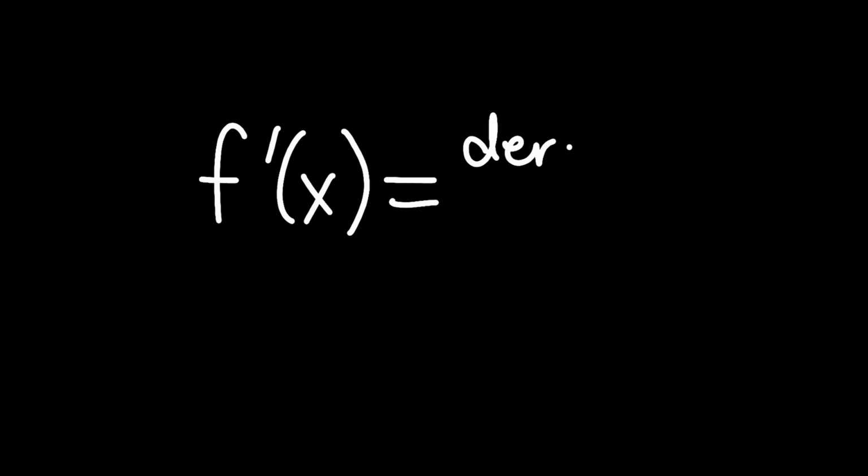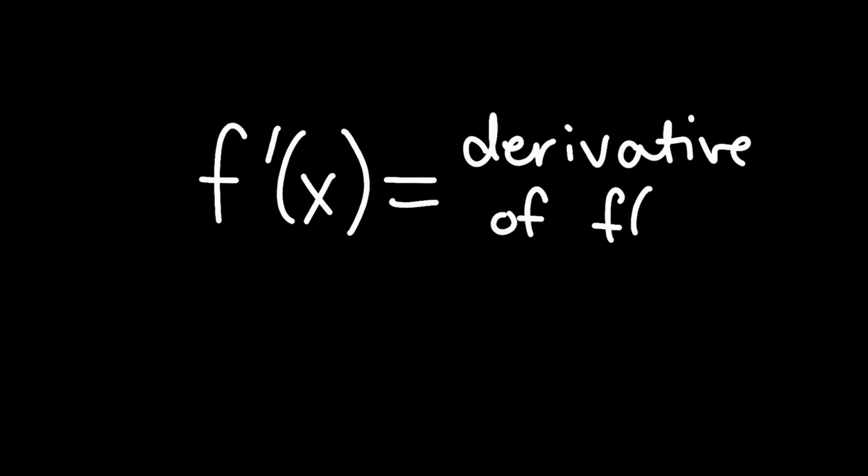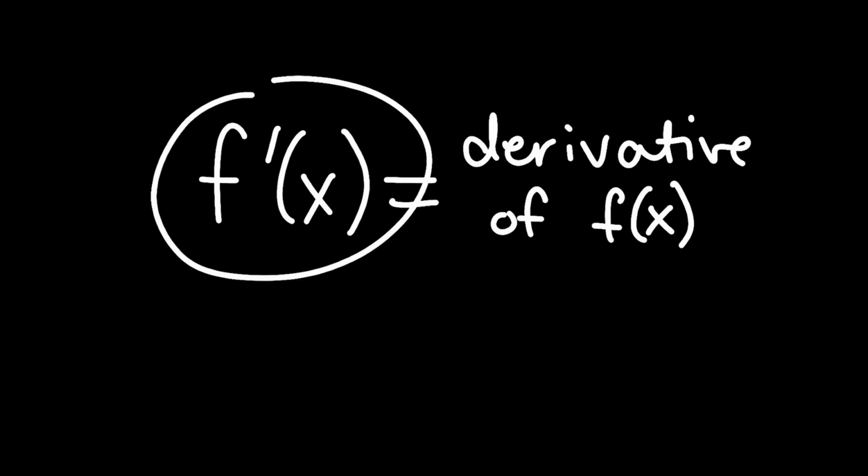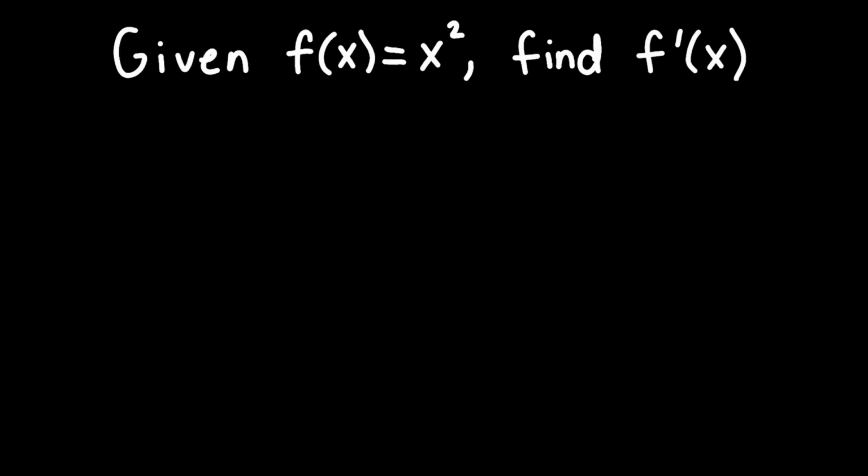Speaking of this idea of the function of a derivative, we actually represent the derivative by f prime of x, which is the derivative of some function f of x. So if you were asked to find what does the derivative of f of x equal, it would be written in this notation.